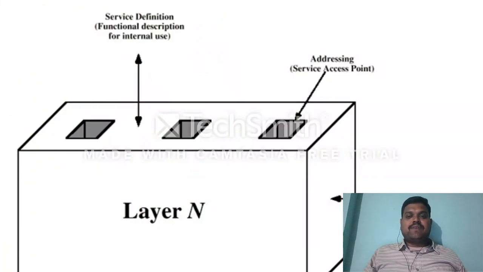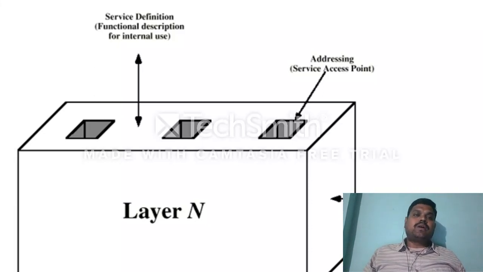So the layer specific standards have some set of internal ports as well as some addressing ports or access points, right? The rectangular box defines the boundary for the layer, meaning it has some service definition, that is, a functional description for internal use.